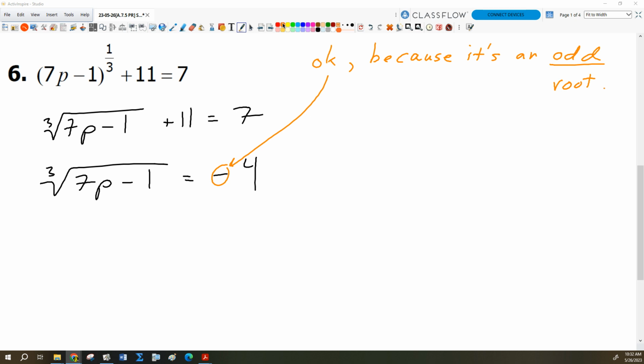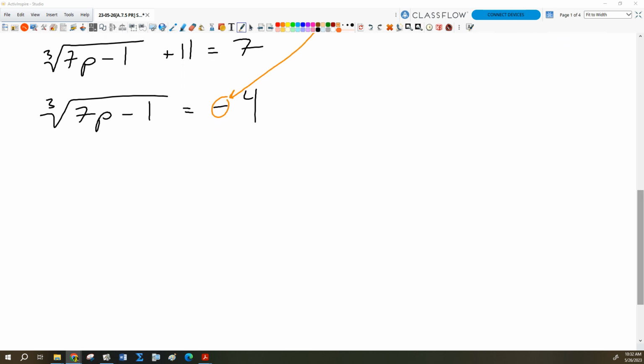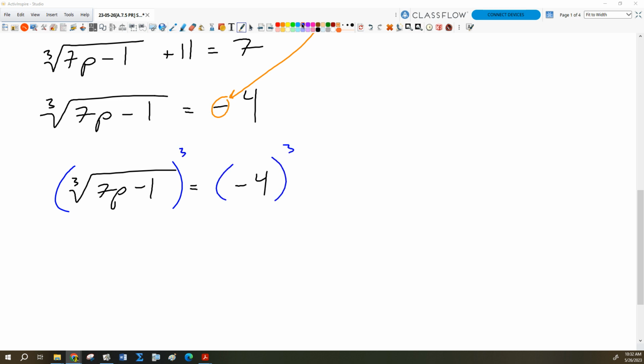So now what do we do here? We isolated the radical. Now what? Cube both sides. Okay, cube both sides. So if we do that, what's that going to give us?